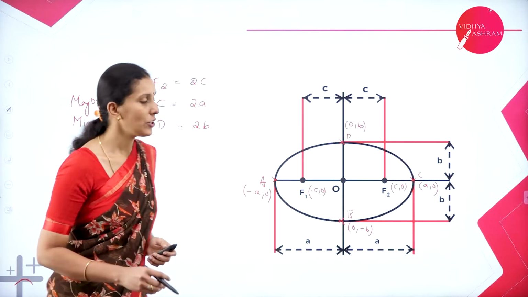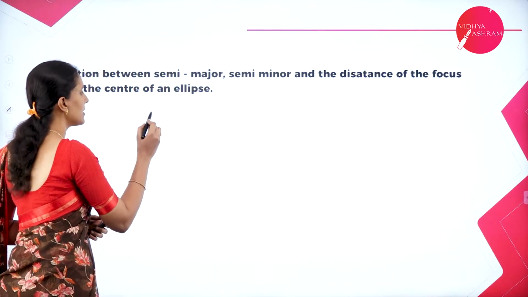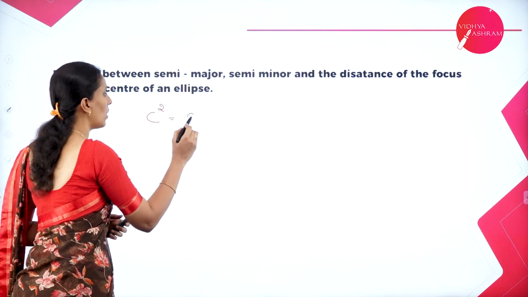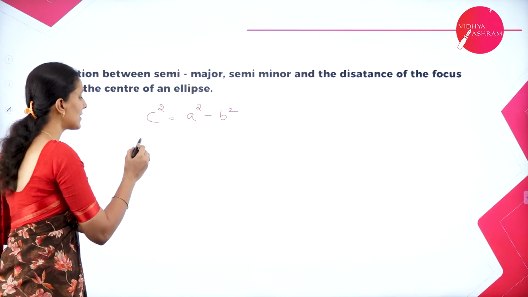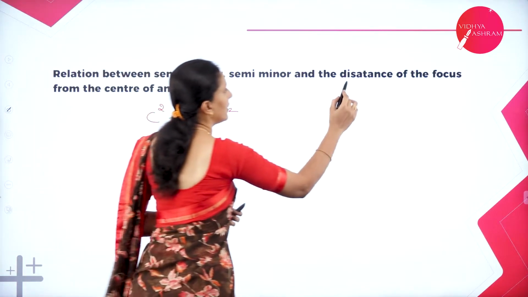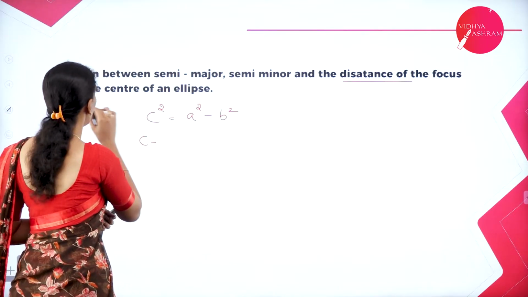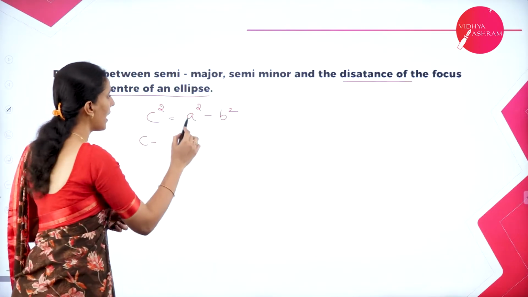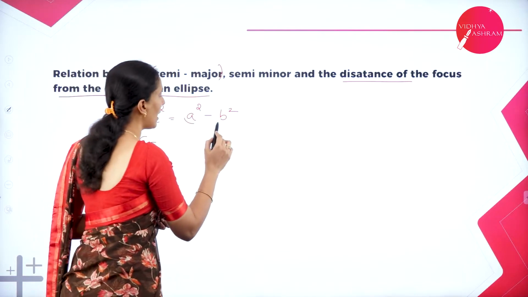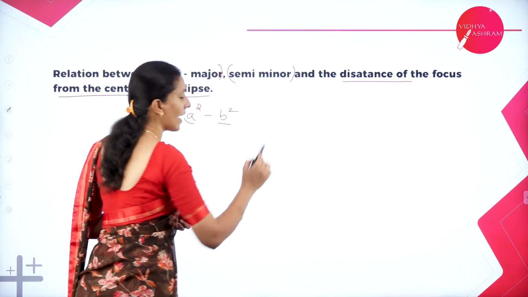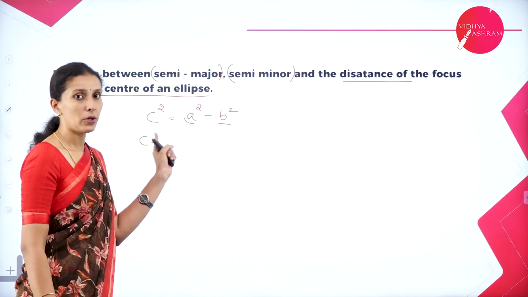We have the relation C square is equal to A square minus B square, where C is the distance of the focus from the center of an ellipse, A is the semi-major axis and B is the semi-minor axis.